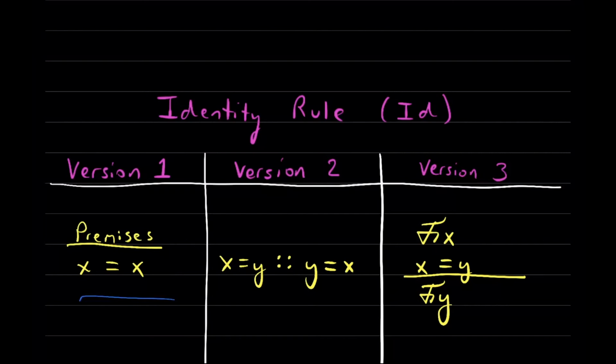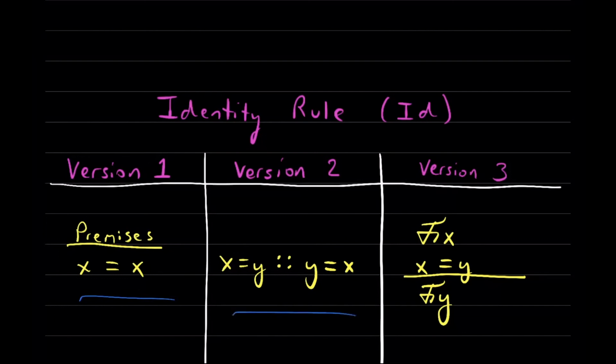From any premises you want, you can always introduce a statement like X is identical to X, or A is identical to A, or B is identical to B. And you don't have to cite any premises. You just cite this as identity. And obviously this makes sense. This is a tautology, a self-evident statement. Some object is always identical to itself, so it doesn't depend on any premises that you have, which means you can introduce a self-identity anytime you want in the context of a proof.